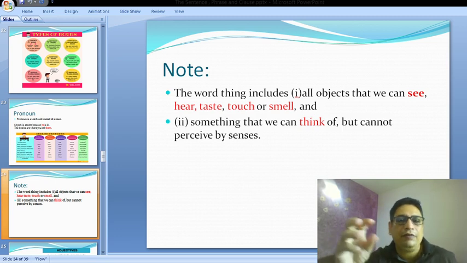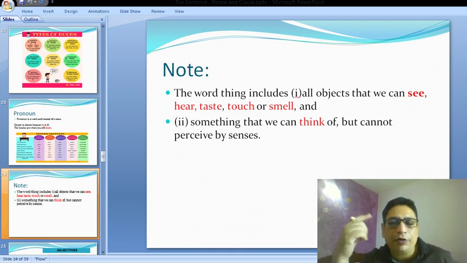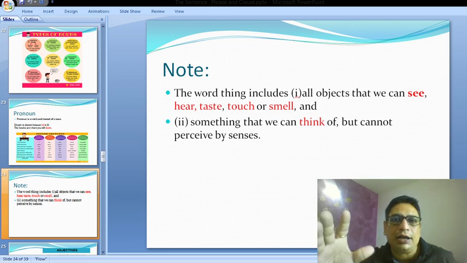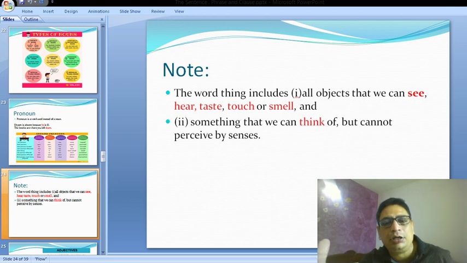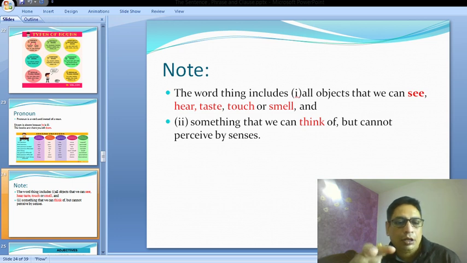Collective noun. When we refer to a group of things together, we call it a collective noun. For example, school. The moment we hear the term school, we understand that it's a group of students of different age groups coming to the building to study. So collective nouns are those nouns which refer to a group of people or things.